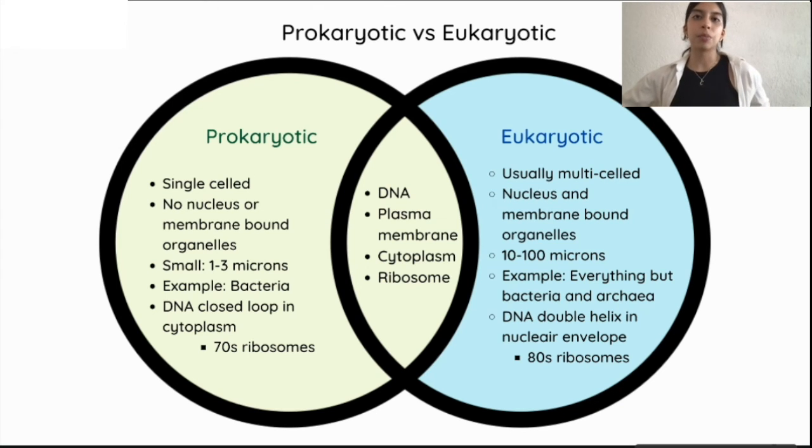And finally, the prokaryotic cells have 70S ribosomes, while the eukaryotic cells have 80S ribosomes. Now, what do they have in common? They both have DNA and a plasma membrane. They both have a cytoplasm and they both have ribosomes.